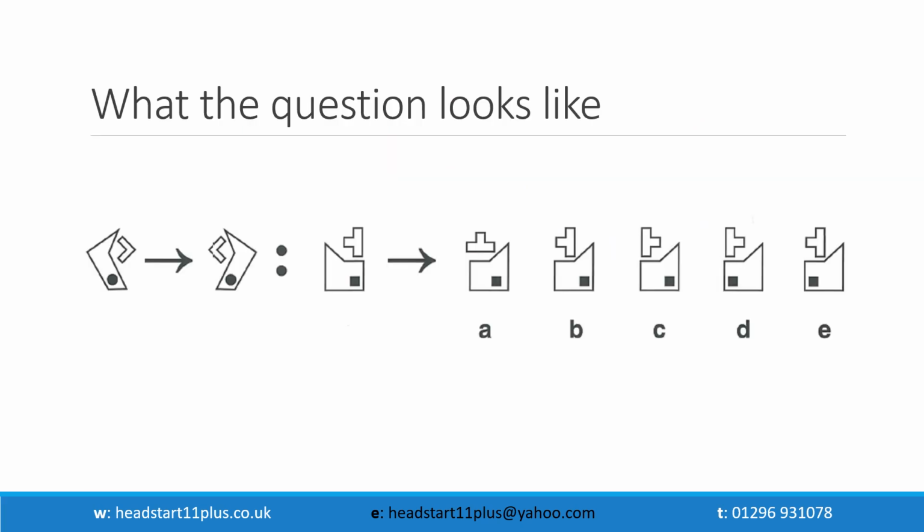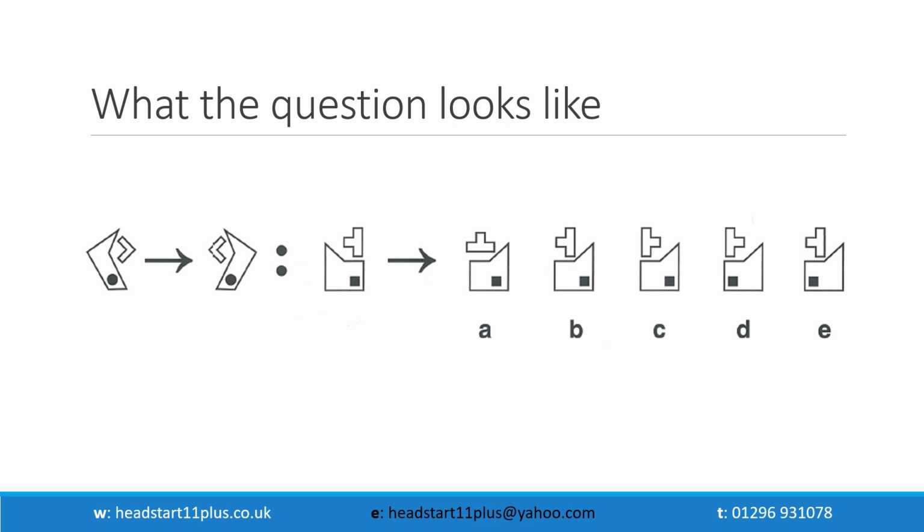So what you're going to be given in these questions is, on the left hand side, an image, then an arrow, and then another image. Then you have a colon, and then you have an image and an arrow next to that. Essentially, what you have before the colon is an image that transfers to another image.